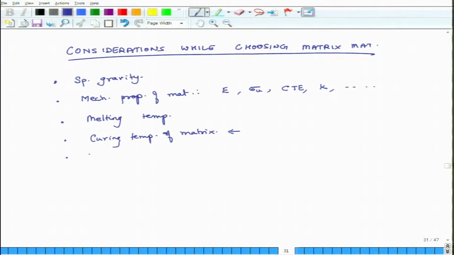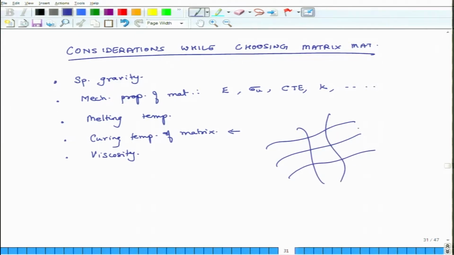The next one is viscosity. Why is viscosity important? Suppose you have fibers and you want the matrix material to flow like this.